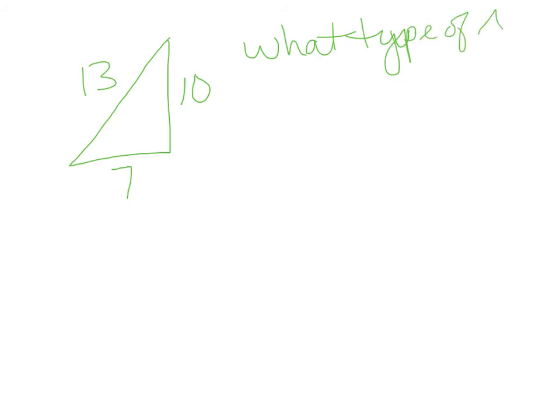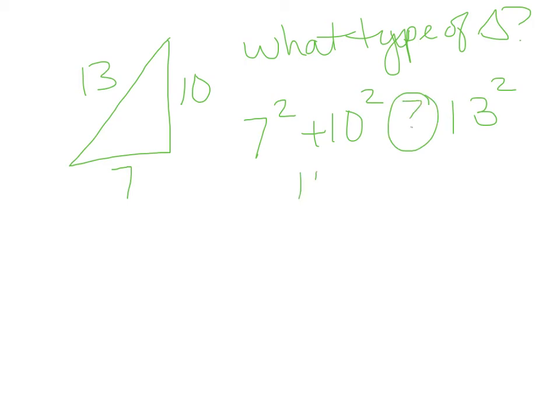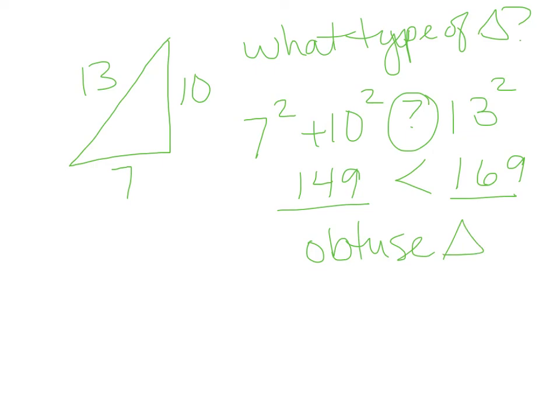You're going to set up the Pythagorean theorem, but we want to know what that symbol is. If we do all this, this becomes 149, this is 169. 169 is clearly bigger than 149, so this is an obtuse triangle.